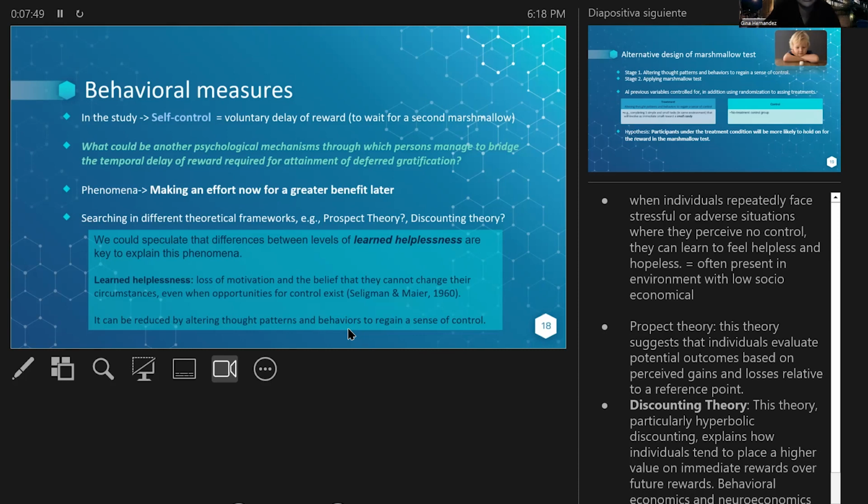So this is about learned helplessness, and it can be reduced by altering thought patterns and behavior in order to regain a sense of control. We already know, because we have a lot of studies showing that people from low socioeconomic backgrounds present way more learned helplessness than people from a high socioeconomic status.